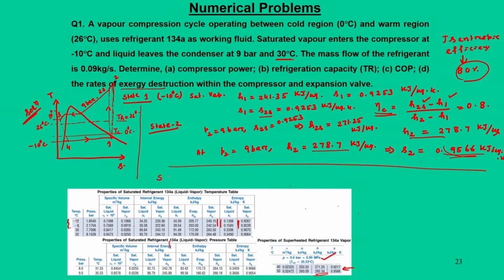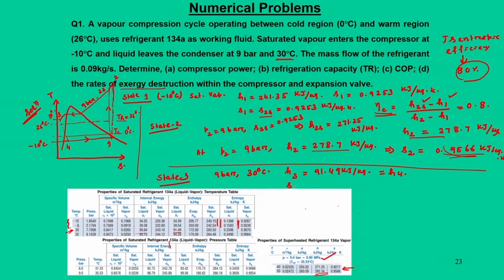Now, state 3 we can say this is at 9 bar, 30 degree centigrade. So, at 30 degree centigrade I can say it is a subcooled region. So, from this subcooled region we can calculate this H 3 as 91.49 kilojoule per kg, and this is nothing but your H 4.